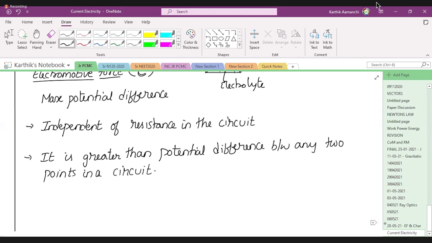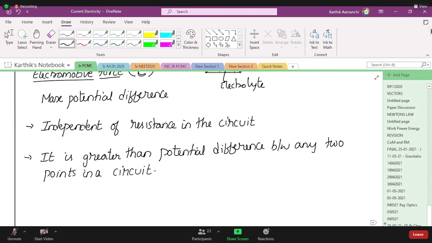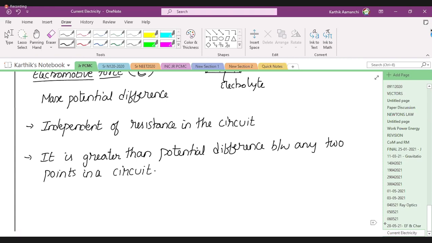Clear? Yes, sir. Understood? So EMF is basically related to something inside the source of the electric current. Okay? Understood?